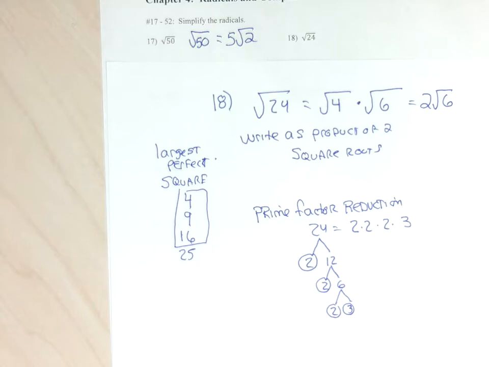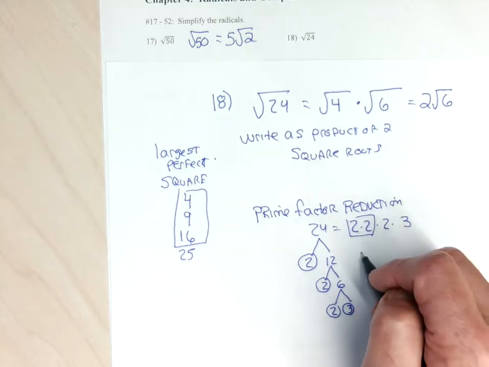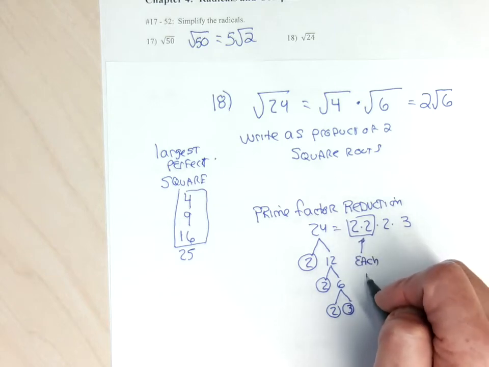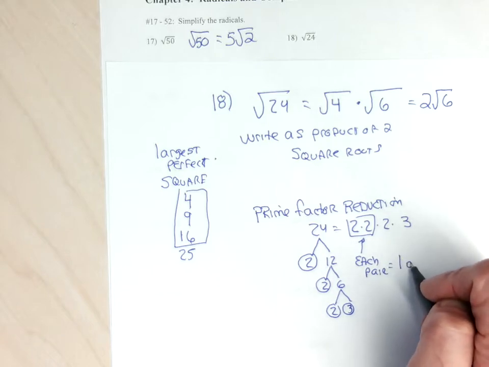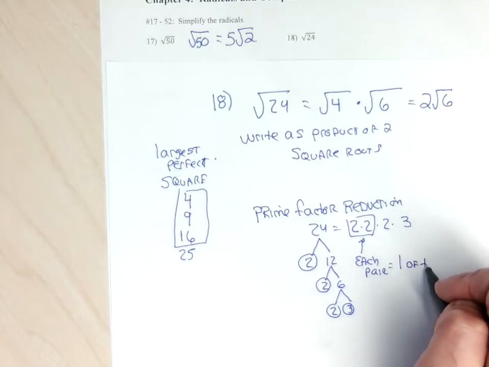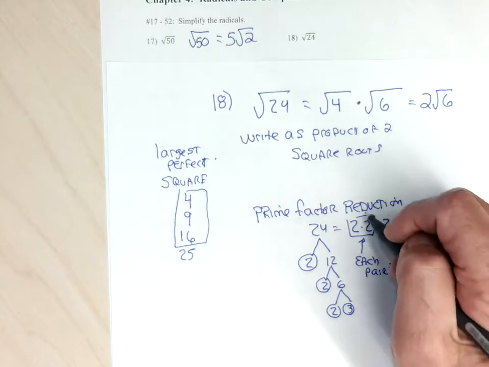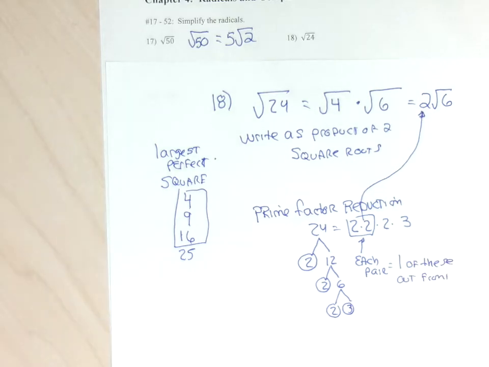To reduce by prime factoring, every time you get a pair, you get one of these out front. So the 2 that goes in front of the square root is from the pair of 2's.